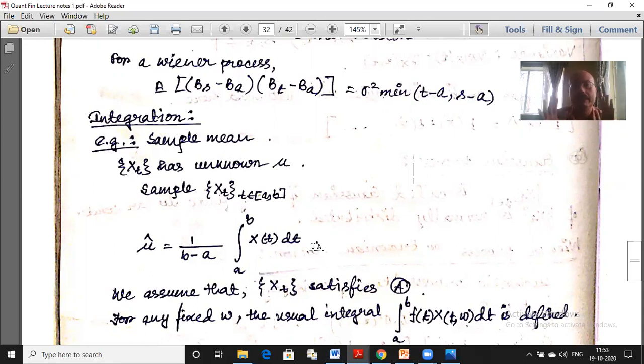When we have a discrete parameter stochastic process, the corresponding sample is a usual time series, as we know, a discrete time interval time series. But when we are looking at a continuous parameter stochastic process, there also we have an analogous sample, which will also be like a time series, but now the index set t will be from a continuum.